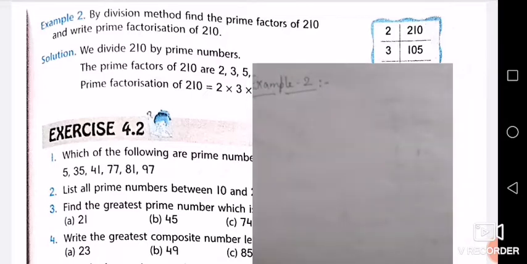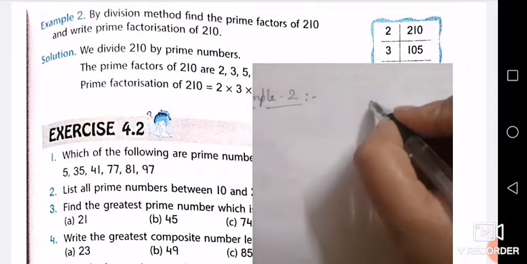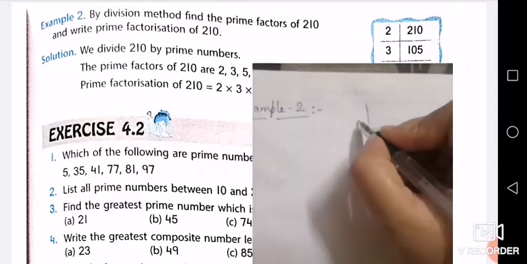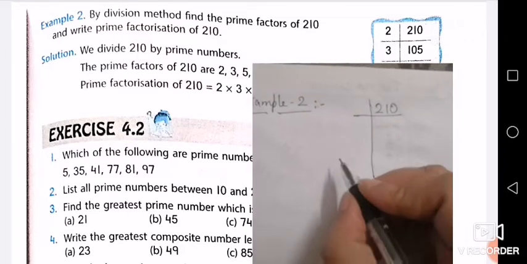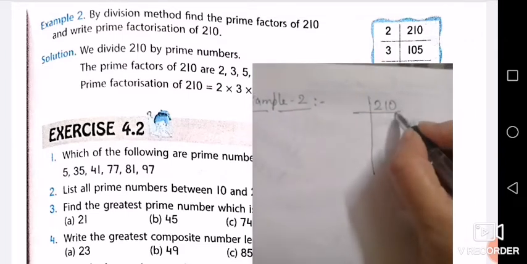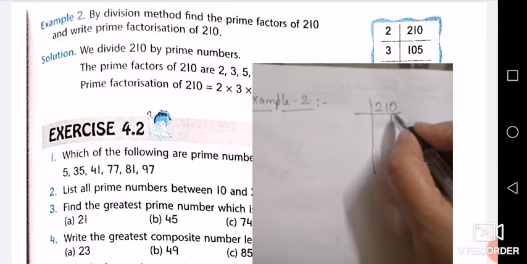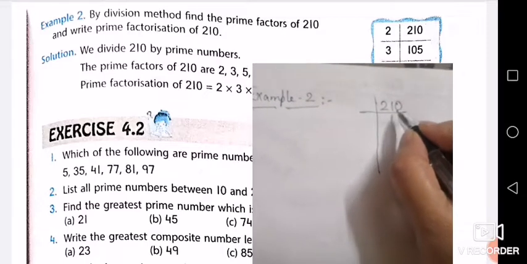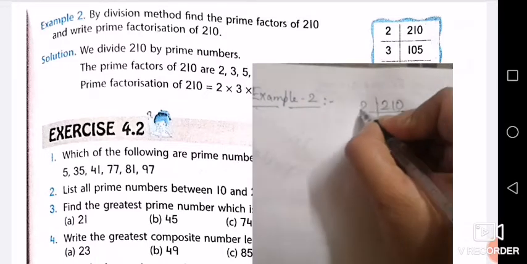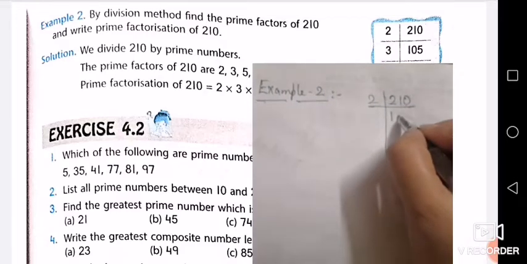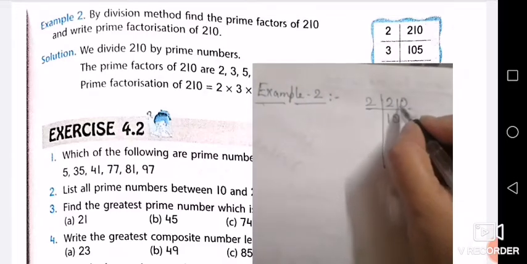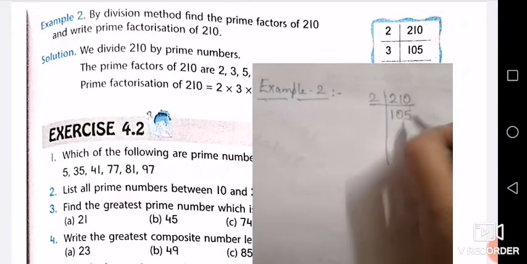Okay. So now we will divide 210 by prime numbers as we did in the first example. So we will write 210. Now it satisfies the divisibility rule of 2, so we will start the division with 2 only. 2 1s are 2, then 1 is there which is less, so we put a 0, 2 5s are 10.